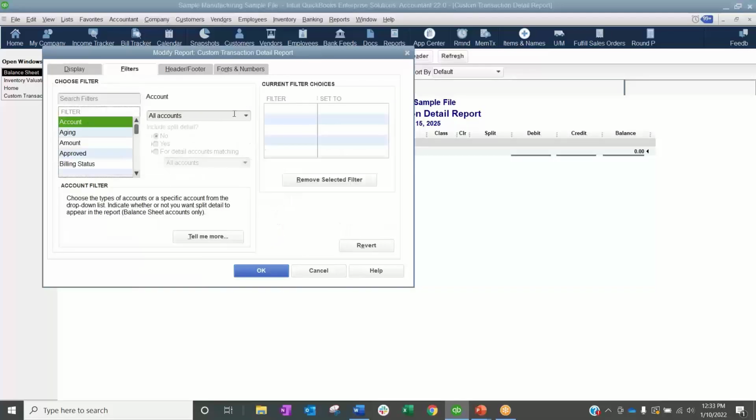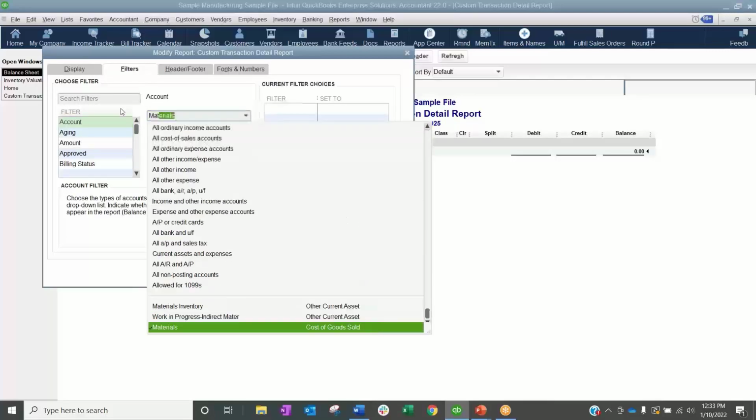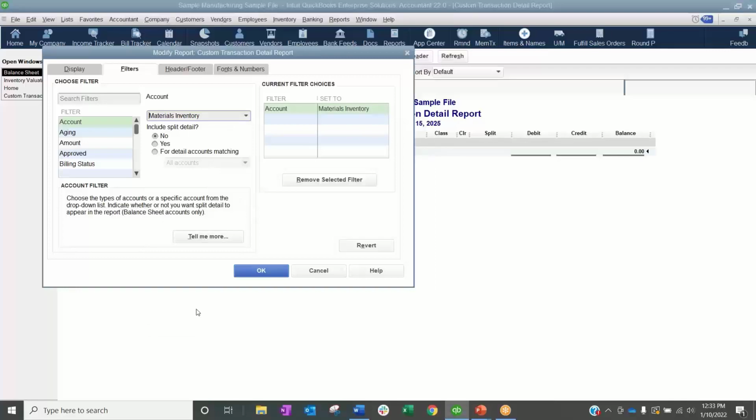And then I filter. I just did everything to my one inventory account for materials, so I'm just going to do materials inventory. But normally you would need to filter for both the materials inventory and the finished goods inventory, right? So all accounts that we have on our balance sheet that are supposed to be inventory related accounts.